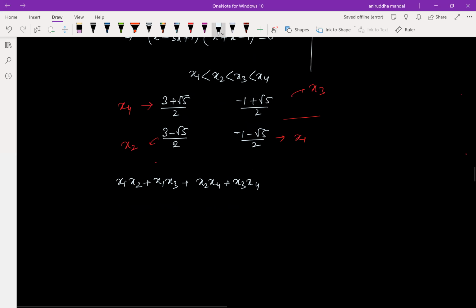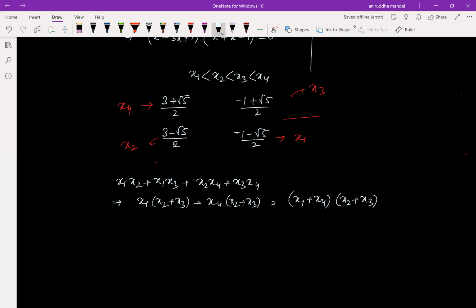Yes. So which means we take x1 common. So this is x2 plus x3, and again x4 common, so x2 plus x3. So we have to find the value of x1 plus x4 and x2 plus x3. Now put the value of x1 plus x4.